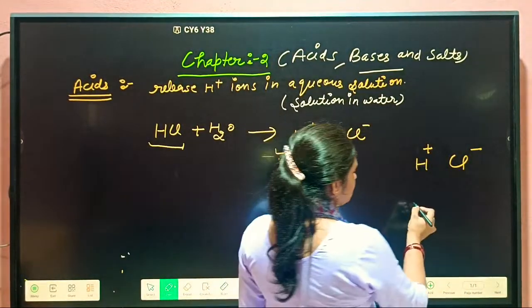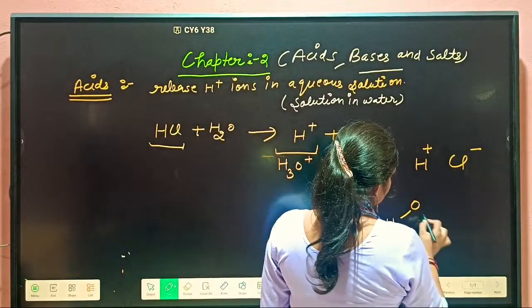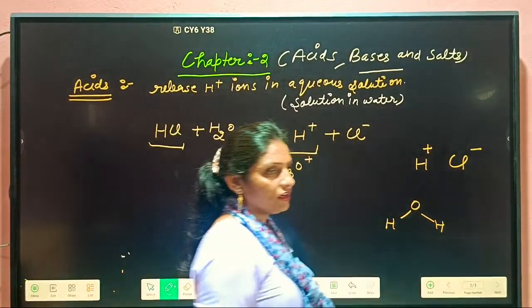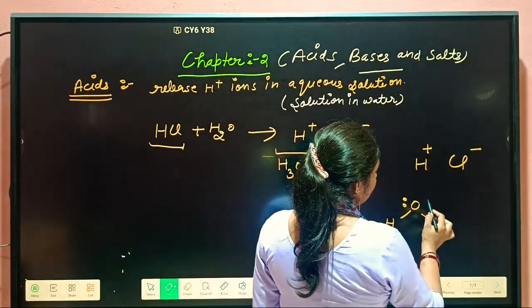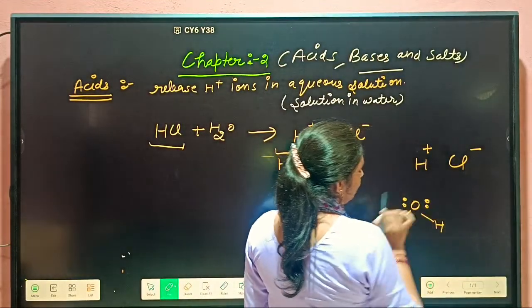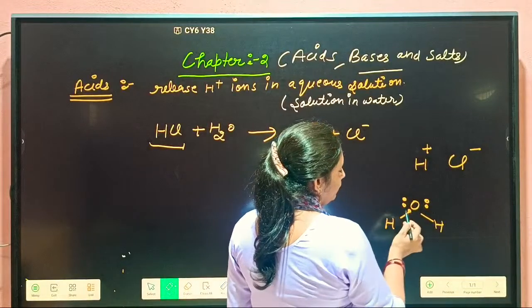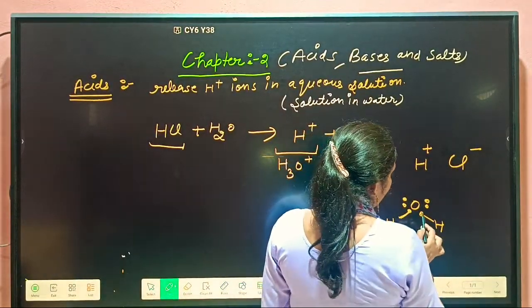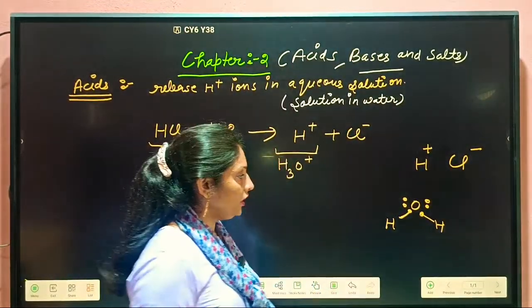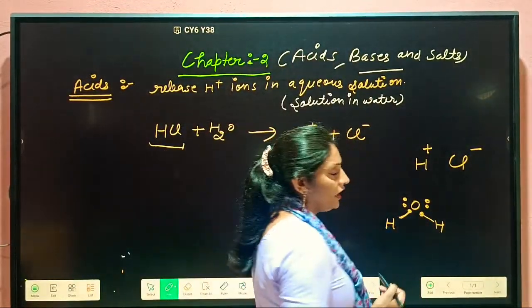Okay, and students, this one is the water. Oxygen has 6 outermost electrons, and by one electron it is forming a bond with this hydrogen, and by one electron it is forming a bond with this other hydrogen.